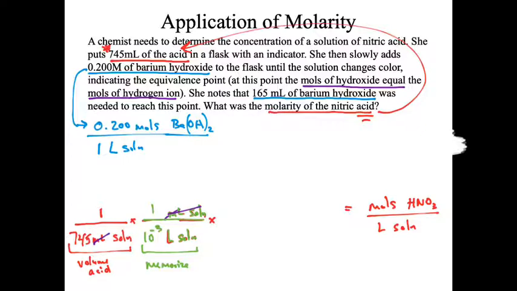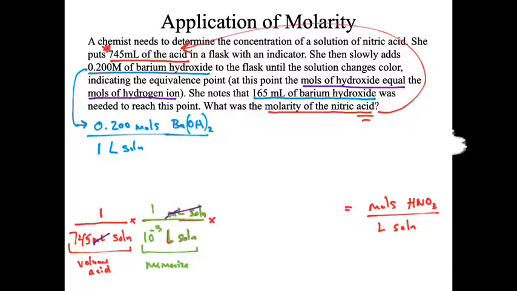So what you're saying is that we should look at the rest of the given information and say, why was that there? That's an interesting idea. It's saying, let's take advantage of that other information. That other information is about what species, though? Barium hydroxide, not nitric acid.